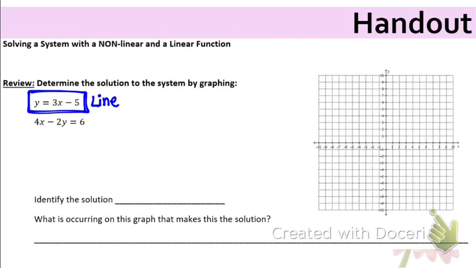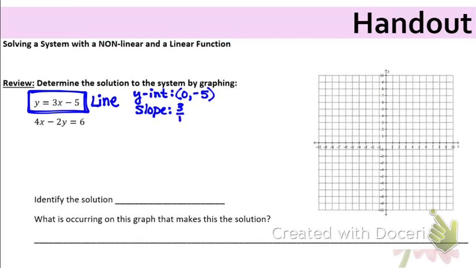What's the y-intercept? -5. What's the slope? Not 3x, but just 3. A lot of times we write our slope as a fraction, so this would be 3 over 1.